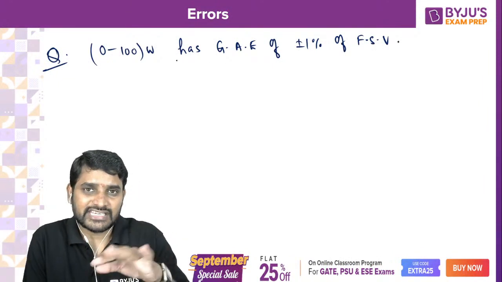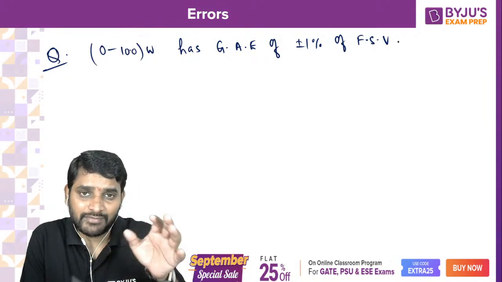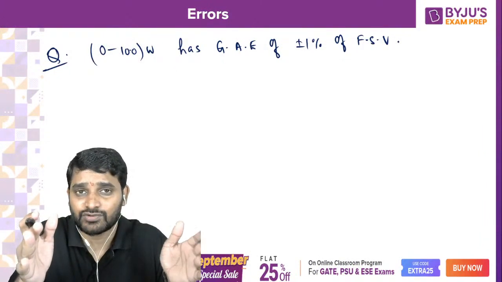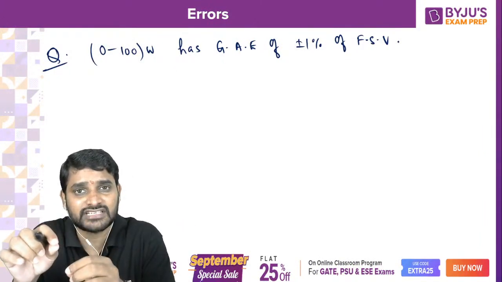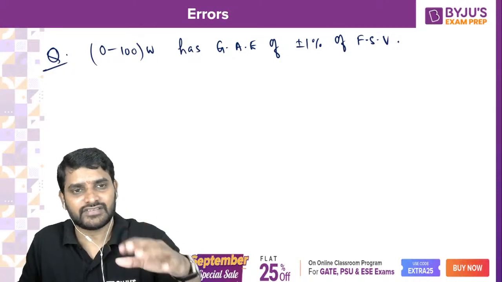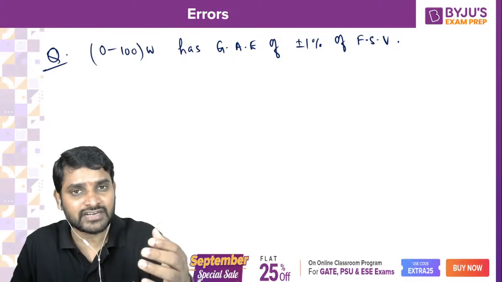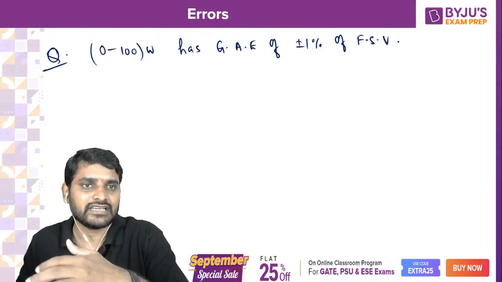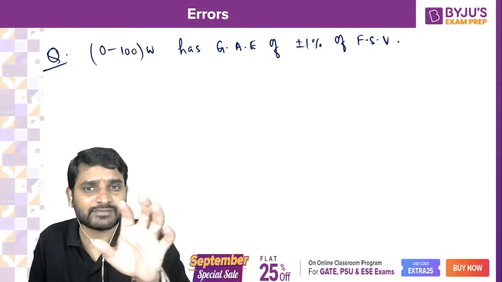That means he wanted to convey that I have designed a 100 watts range wattmeter. In that, plus or minus 1% full scale deflection error will definitely be there. Whatever value you measure, whether 10 watts, 20 watts, 50, 100, 90, anything you measure, definitely 1% error will be there.